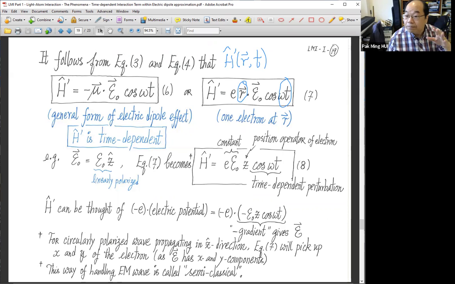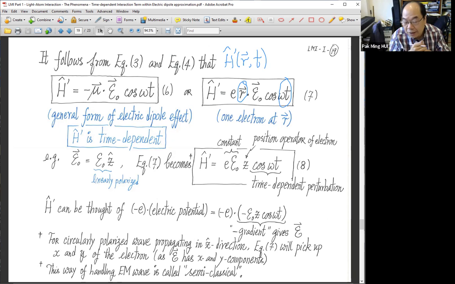For our Schrödinger-level treatment, we will not need to include the free or the light part of the Hamiltonian, because we are not going to quantize the EM field. This treatment, the atom Hamiltonian plus this equation 7, H prime, is called the semi-classical treatment of an atom interacting with light.